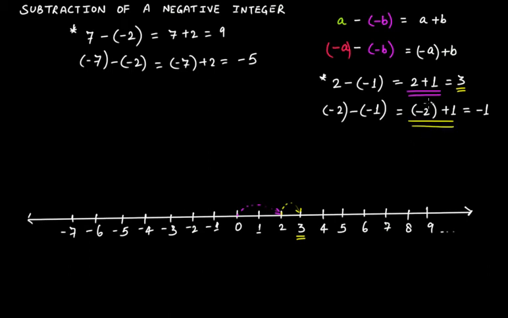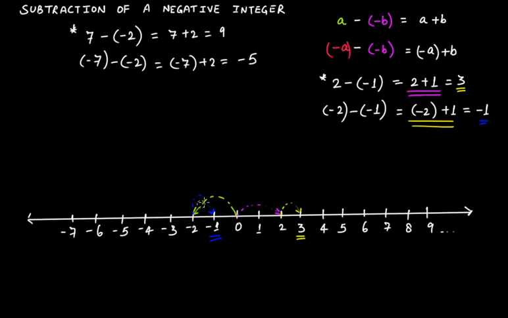You have to add minus 2 and 1, so minus 2 means that you have to take 2 steps towards the left direction, so 2 steps towards the left will be 1 and 2, so this will come here, and from this minus 2 you have to add plus 1, right? 1 means a positive integer, you are adding a positive integer, it means that you will take 1 step towards the right, therefore from here you will reach this step, and minus 1 will be the answer.